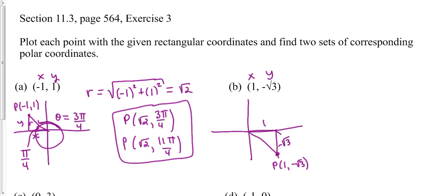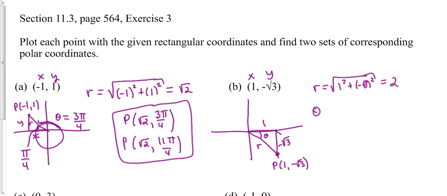And so we know that our x-coordinate is going to be 1 and our y-coordinate is going to be negative radical 3. And when we are dealing with polar coordinates, we want to know the radius r and the angle theta that the ray makes with the positive x-axis. So again, we can use the Pythagorean theorem to find r, and we're going to get 1 squared plus negative radical 3 squared, which is going to give us 2.